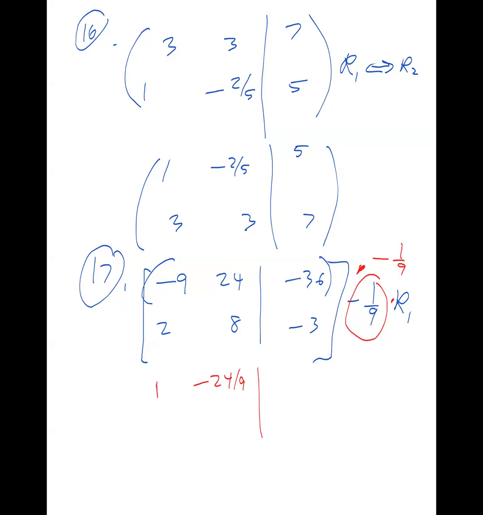I know that that's not simplified fully, but we'll do it later. What's negative 36 times negative 1/9? Well, a negative times a negative is a positive, and 36 times 1/9 would be 36/9. So the next step would be to write it as 4. You're exactly right.